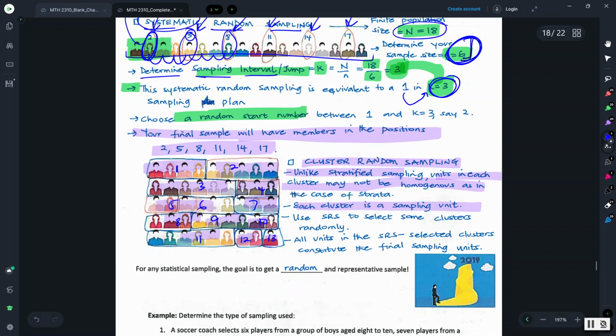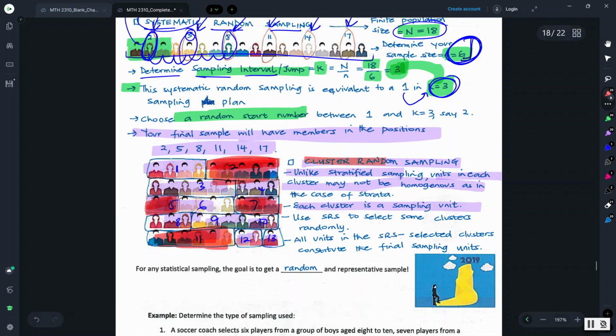Let's say I picked the number 5. And let's say I picked the number 2. I picked the number 7. And I picked the number 11. Every person in clusters 2, 5, 7, and 11 will make it into my final sample. This is what we call cluster sampling.